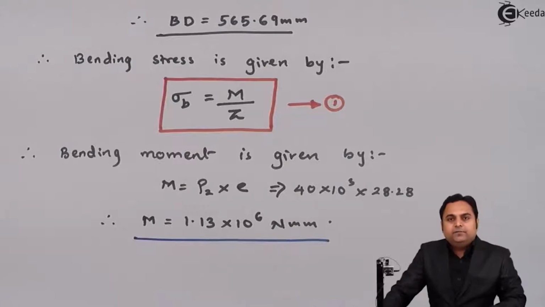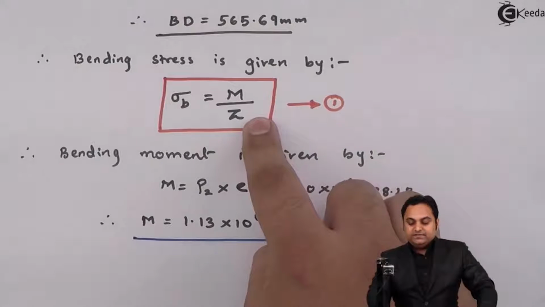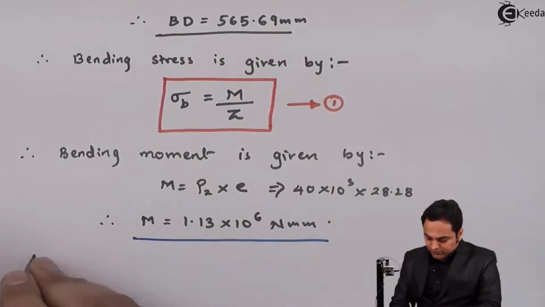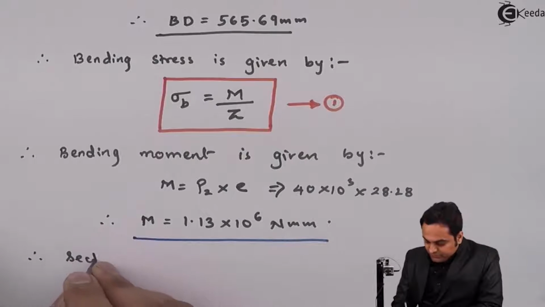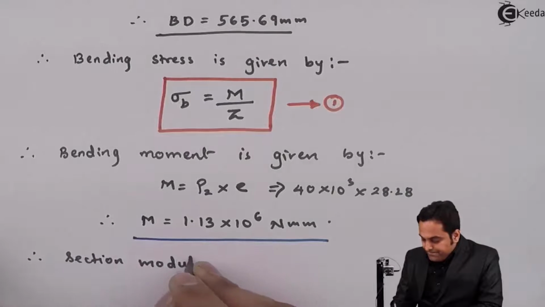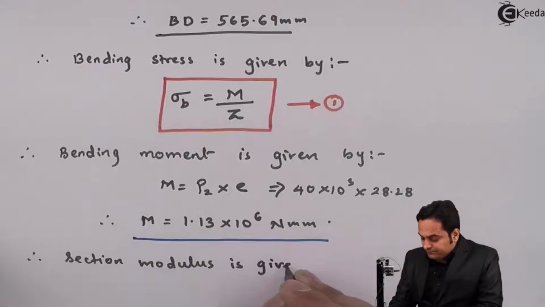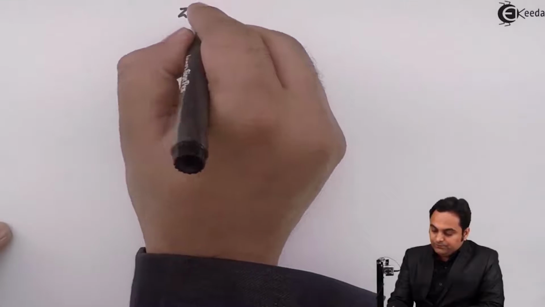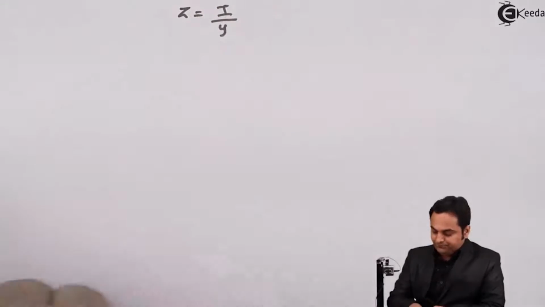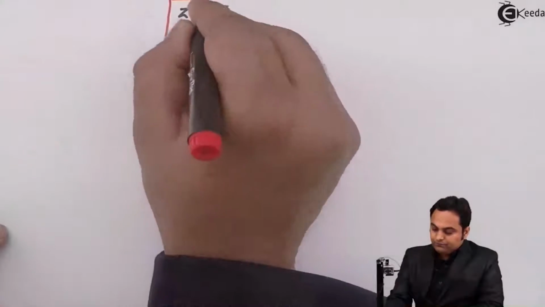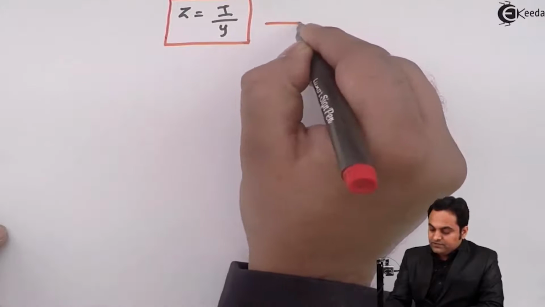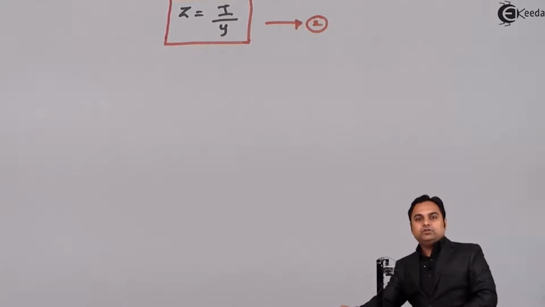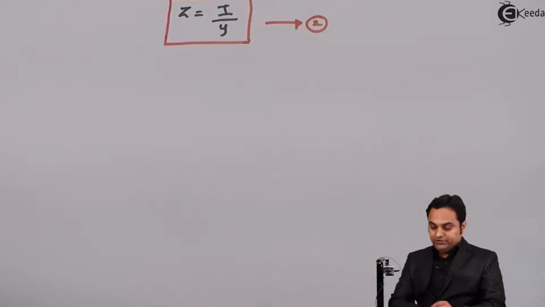Now after getting the bending moment, we require Z. Z is called as section modulus. So therefore section modulus is given by Z is equal to I upon Y, keeping this as the second equation. Now I'll go for the calculation of I, which is very important here.